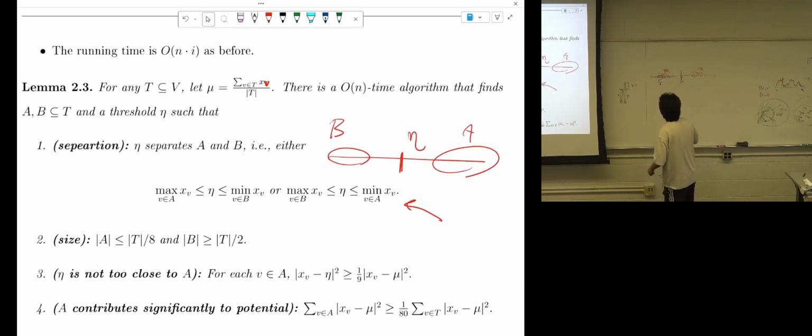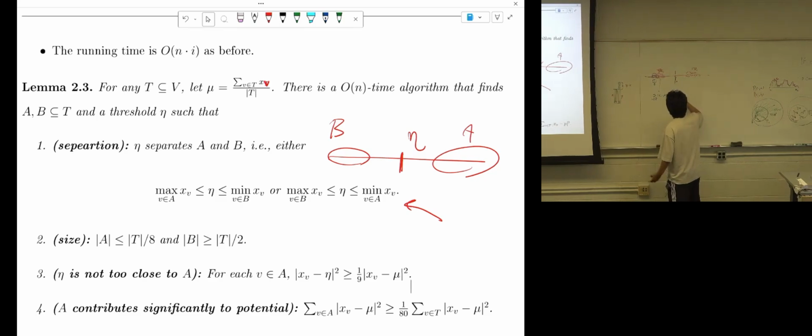Because right now this thing contributes half to the potential, right? If the picture just looks like this, then for all points in A, this thing minus mu is just like half.